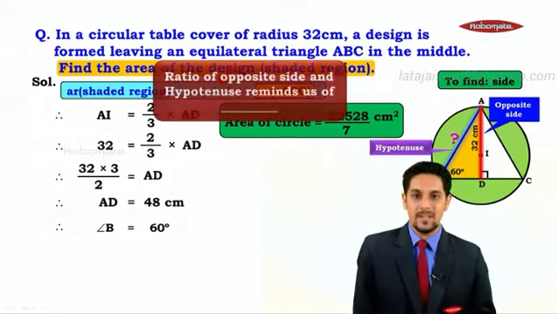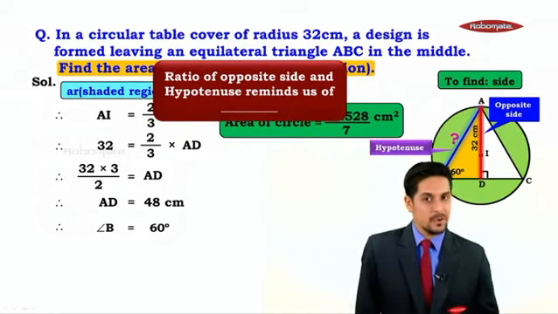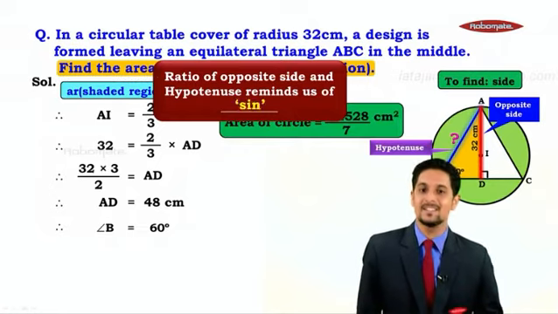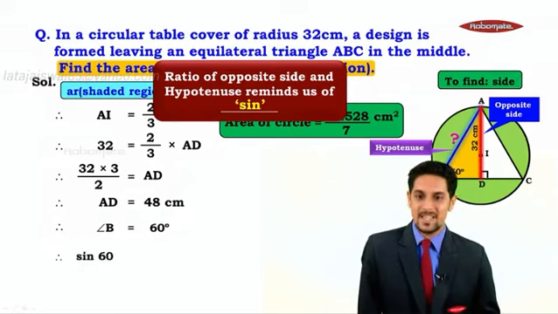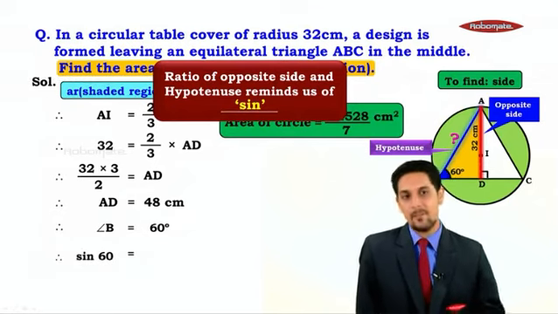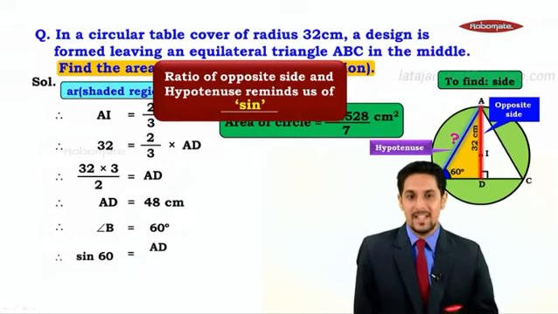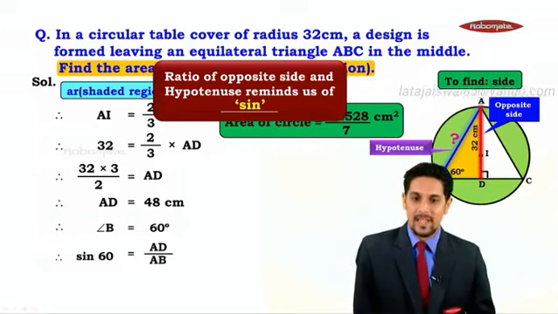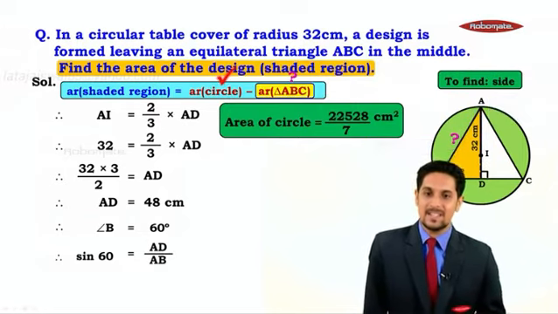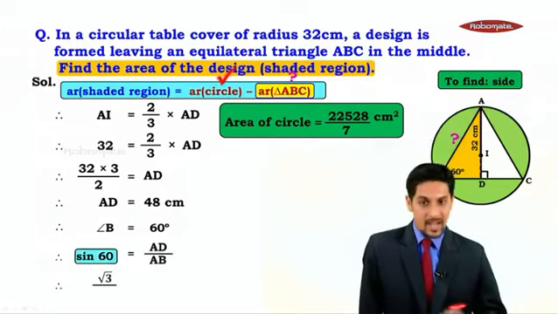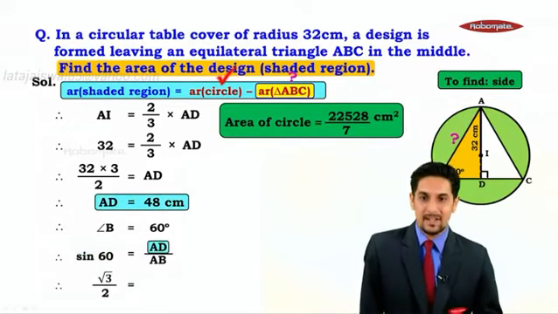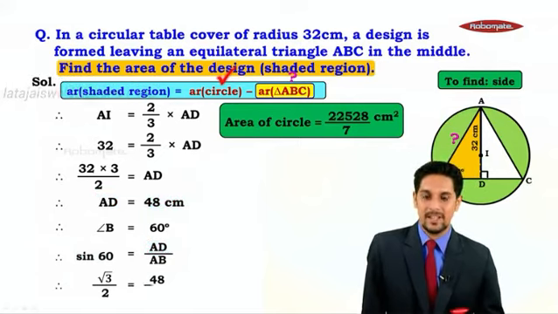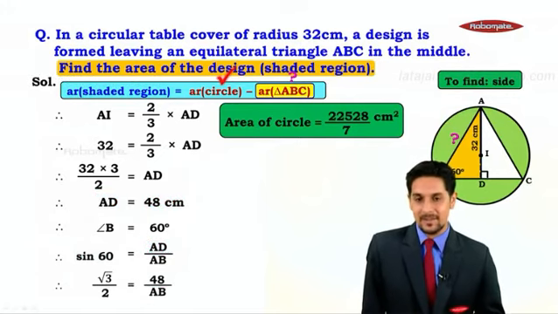Now students, tell me, the ratio of opposite side and hypotenuse reminds us of, yes, it is sine. So we can say sine 60 is equal to opposite side upon hypotenuse, which is AD upon AB. The value of sine 60 is root 3 upon 2, equal to the value of AD that we just found to be 48 upon AB.